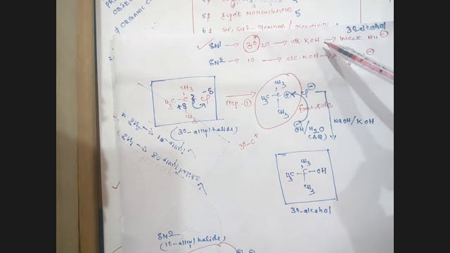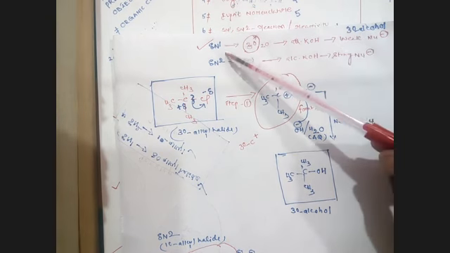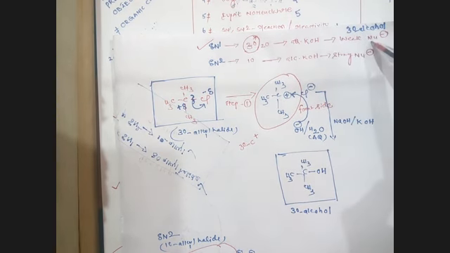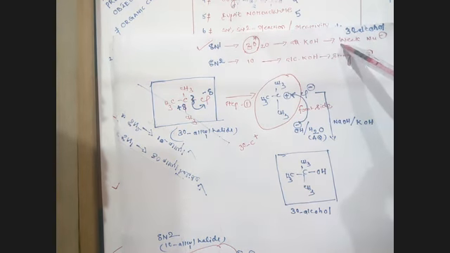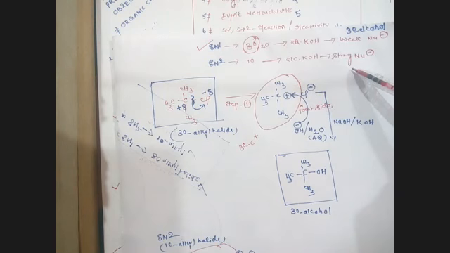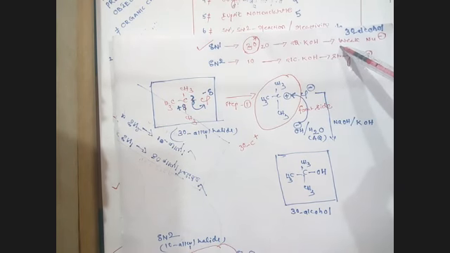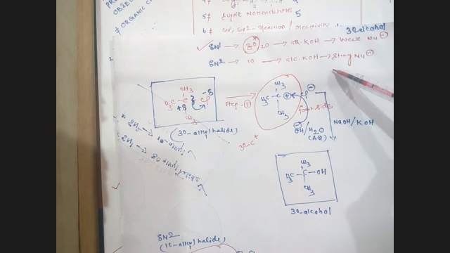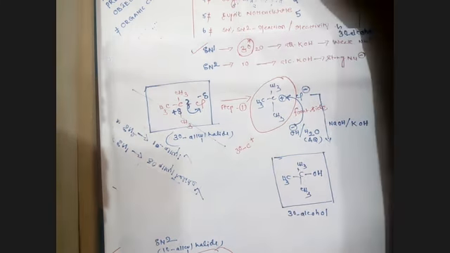Base is nothing but nucleophile. SN1 has weak nucleophilic condition, SN2 strong nucleophilic condition. SN1 gives retention, SN2 inversion. In SN1 intermediate formation takes place; in SN2 there is no intermediate formation.